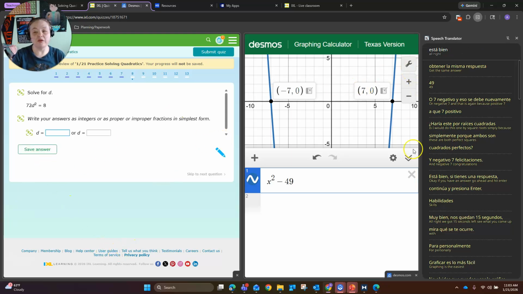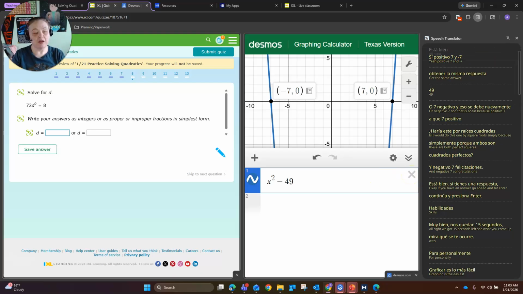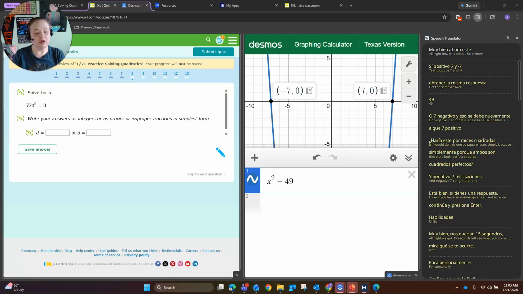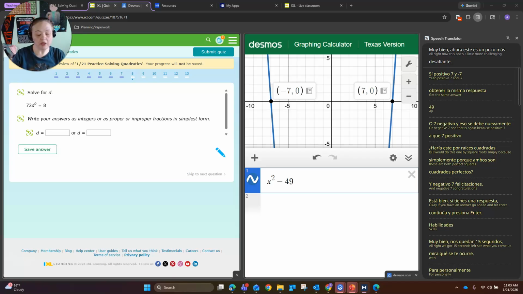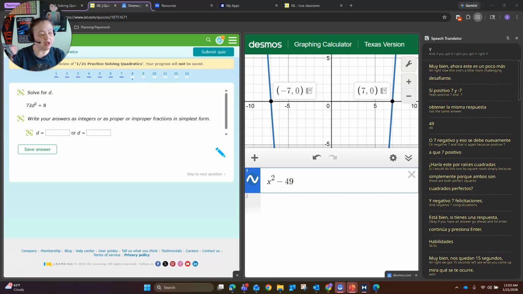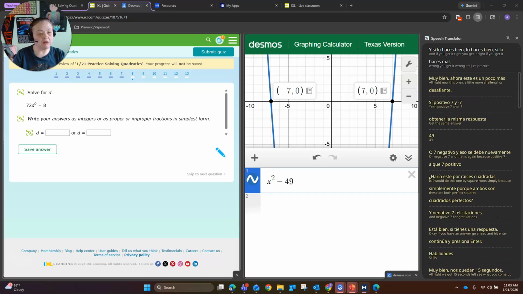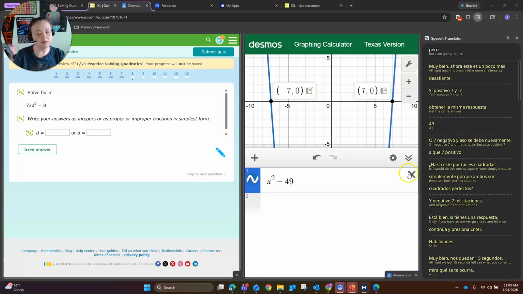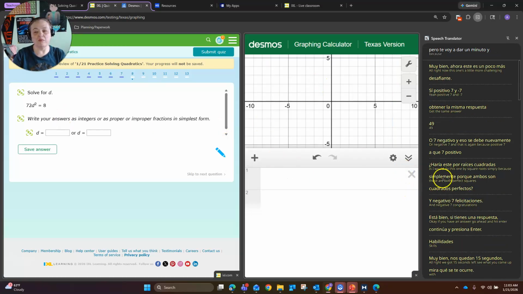All right, now this one's a little more challenging. So I'm going to give you a minute. And if you get it right, you get it right. If you get it wrong, you get it wrong. It's just practice. But I am going to give you a minute and a half because this one does take a little bit more thought. So I'll give you a moment. Give it a shot. See what you come up with.